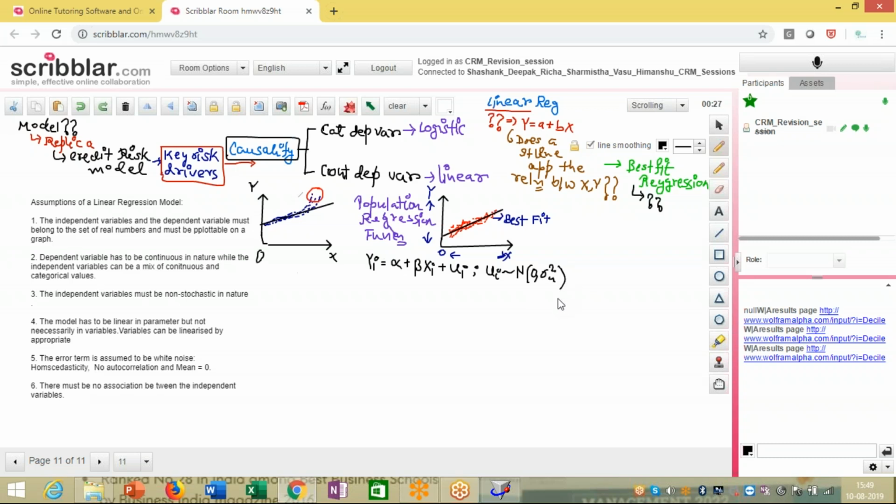So this is the first and the most important specification, and we call it the PRF.